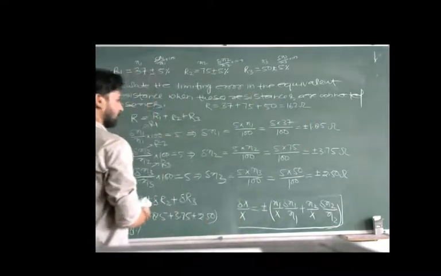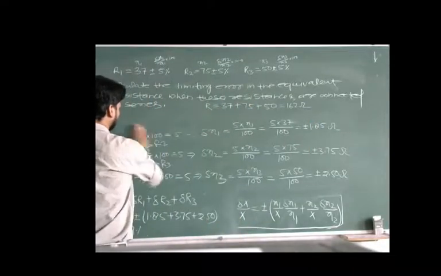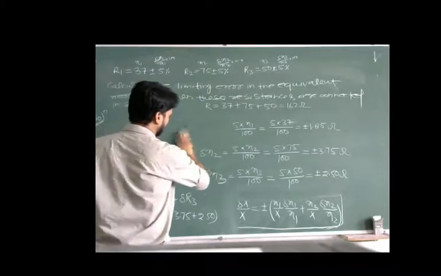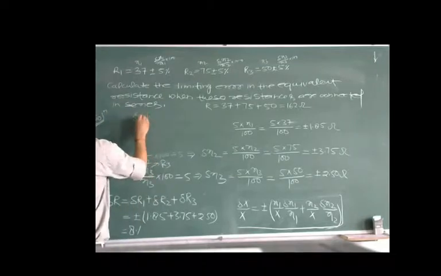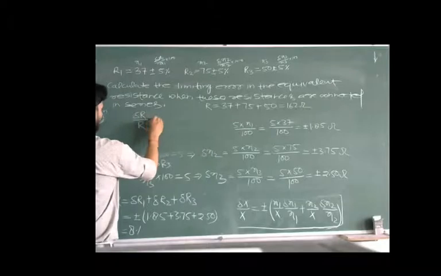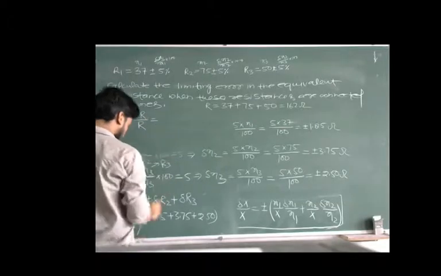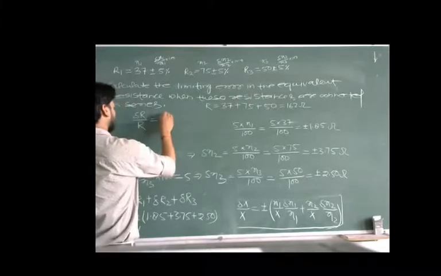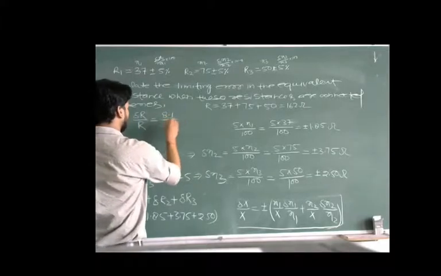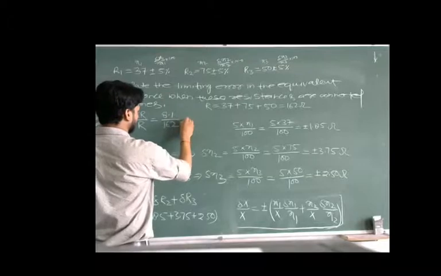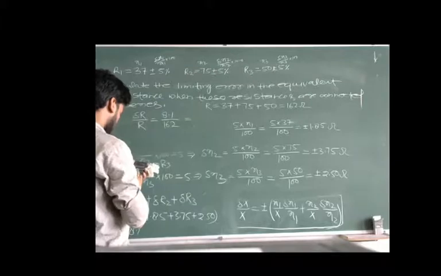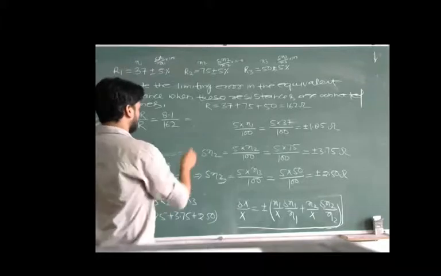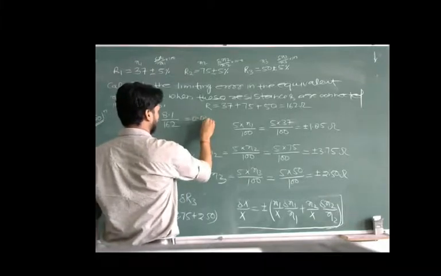So the limiting error in the result can be written as del R upon R is equal to del R, 8.1, upon capital R, 162. This will become 8.1 divided by 162 is equal to 0.05.